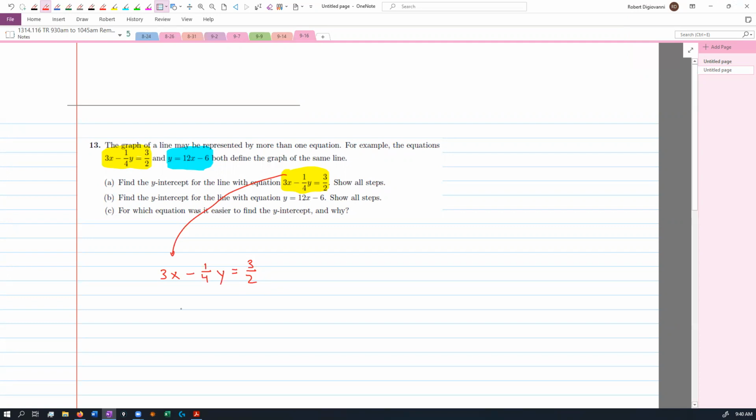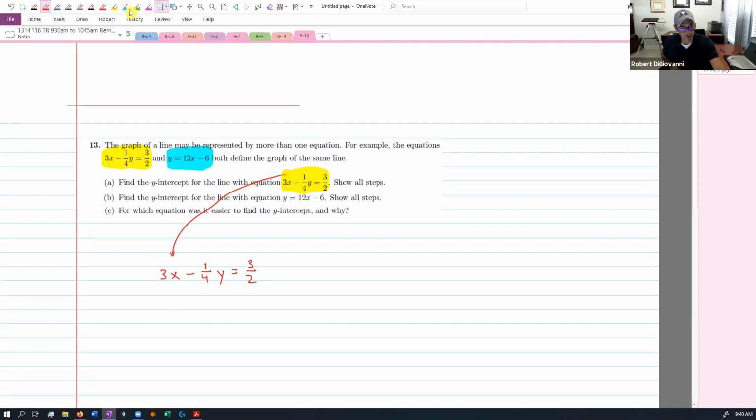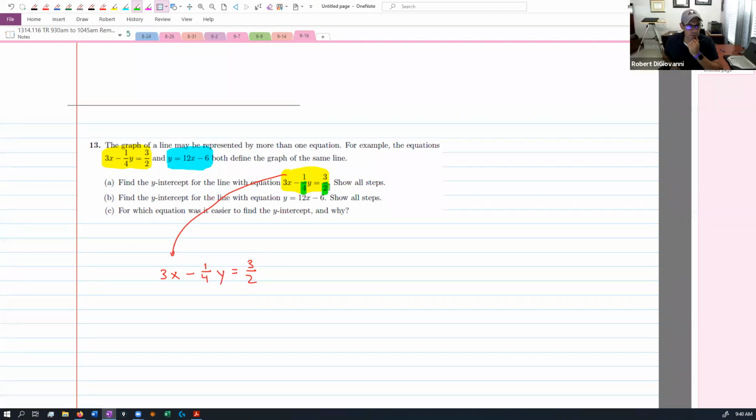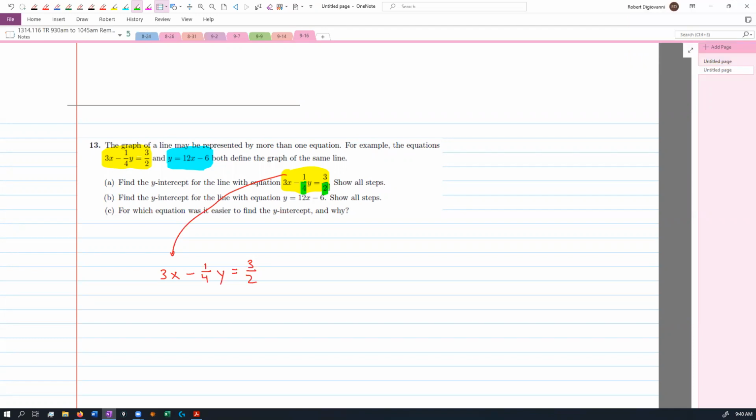Okay, so we're going to have to multiply both sides of this by what? Look at your denominators. 4 and 2. Yeah, by 4. 12 would work, but is it the smallest number that's a multiple of both? Let's see. 6. 6 would not be a multiple of 4, so we can't use 6.